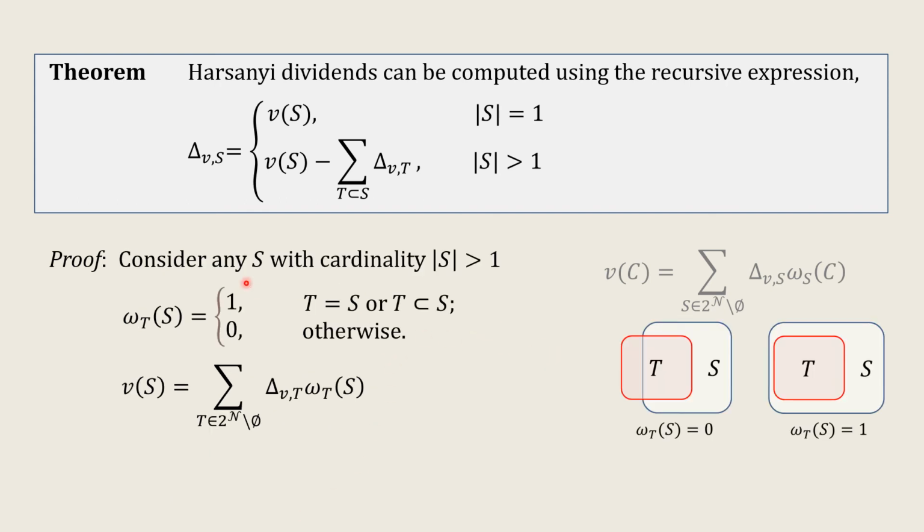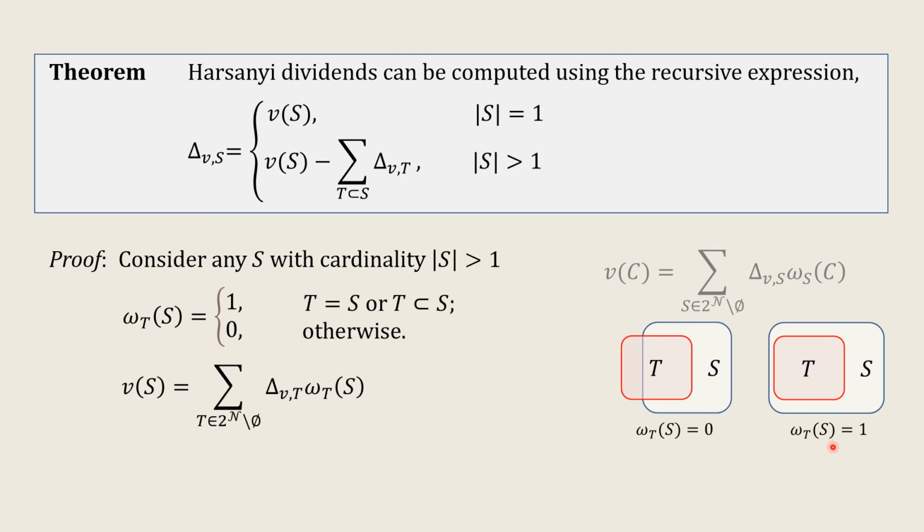Next, we'll consider s's with cardinalities above 1. So omega t of s is equal to 1 when t is contained in S, and that is when either t is S or t is a proper subset of S. So these are the two cases where omega t of S is equal to 1. We are looking at this here.